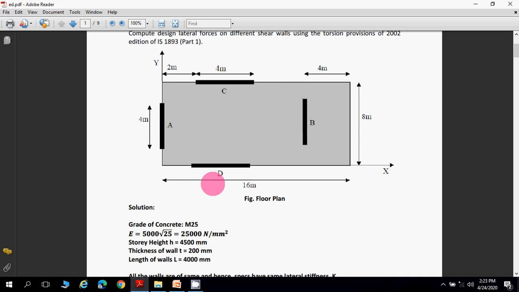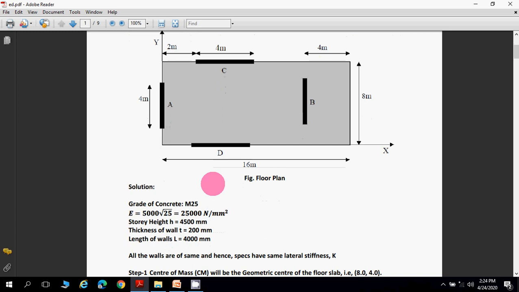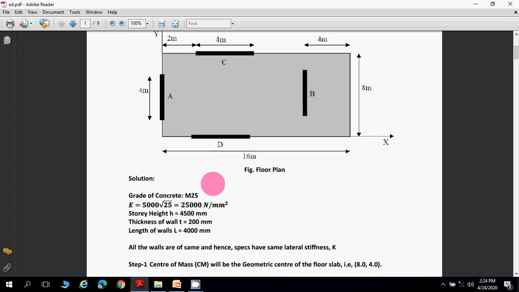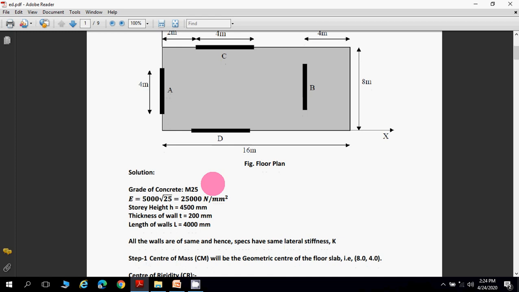So all the walls have the same lateral stiffness, which is K, because the stiffness of a particular member is given by the force required for a unit displacement, or in other terms it is given by AE over L. A is the area of cross section, E is the modulus of elasticity and L is the length of the member. So the area of each wall is the same, elasticity is the same and length is also the same.